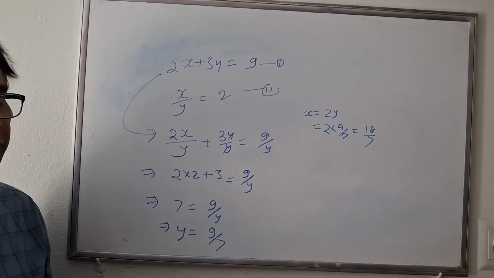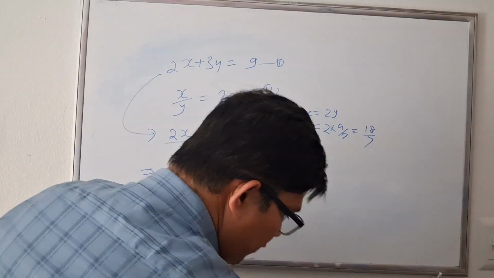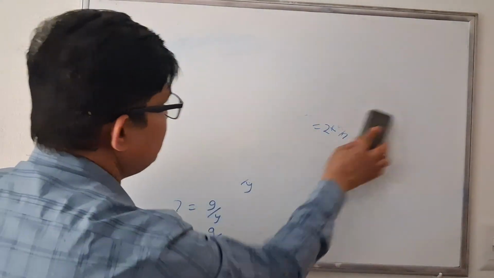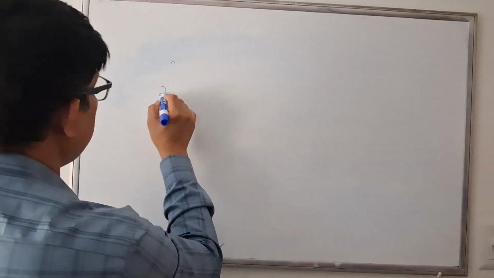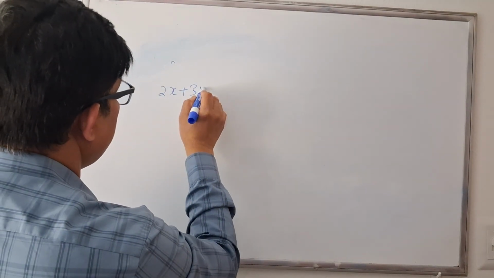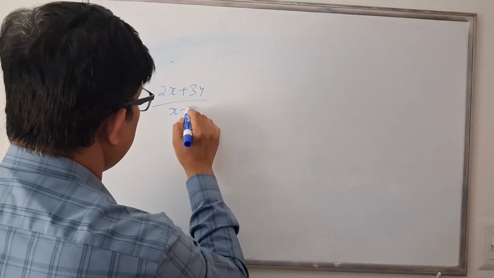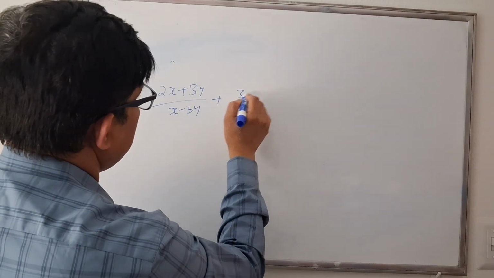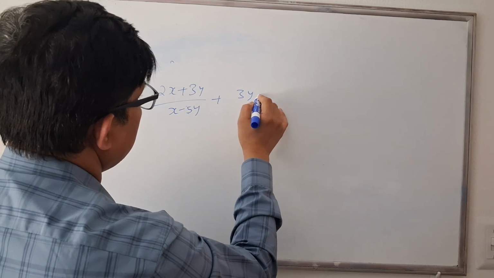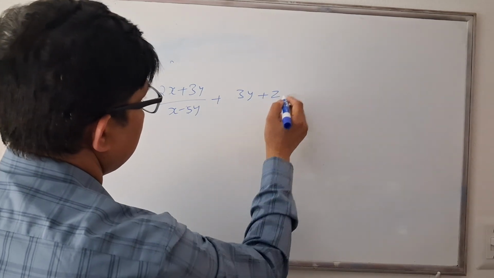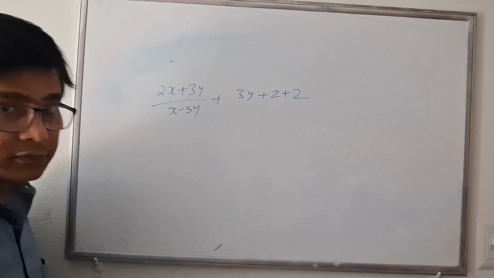I hope you are not going to make mistake. Let's try one more problem for the addition where you have this kind of scenario: 2x plus 3y minus x minus 5y, plus 3y plus z plus 2.